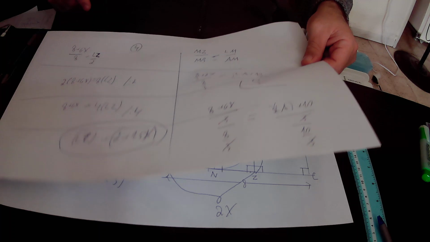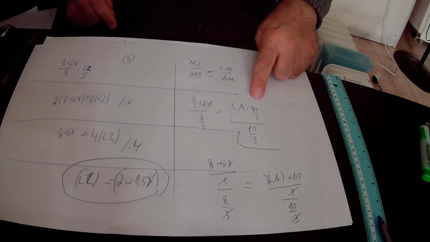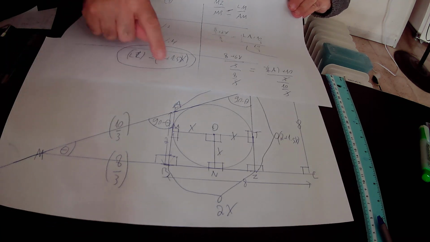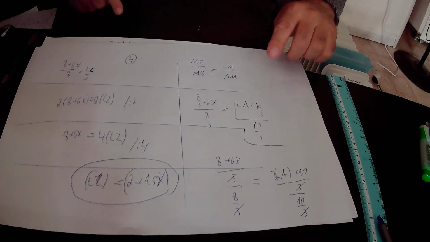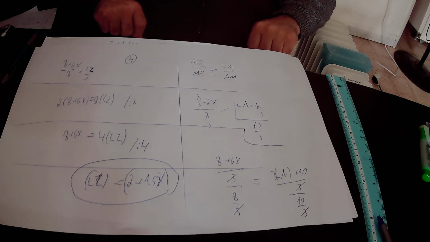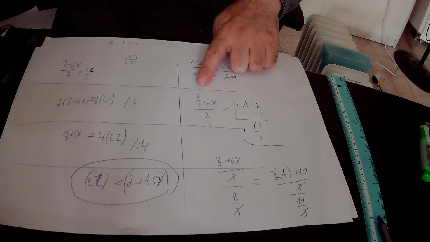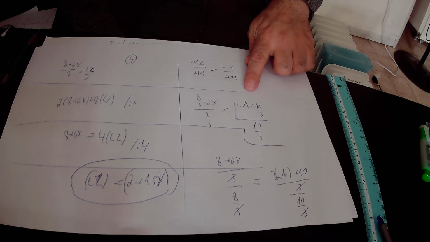Here we substitute LM by LA plus 10 over 3, and AM equals 10 over 3. We multiplied 2x by 3 and then divided by 3 in order to have a common factor of 10 over 3. Here also we multiplied LA by 3 and then divided by 3.